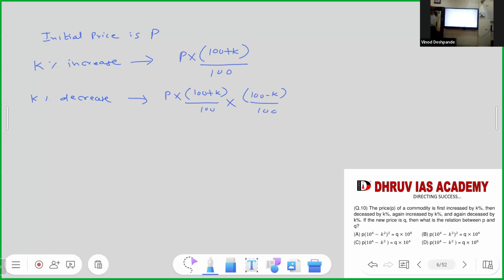Like a 5% decrease means the price has become 100 minus 5, so 95% of the previous price. So 100 minus K in this case. Now next is a K% increase. So now the new price will be 100 plus K% of the previous price.